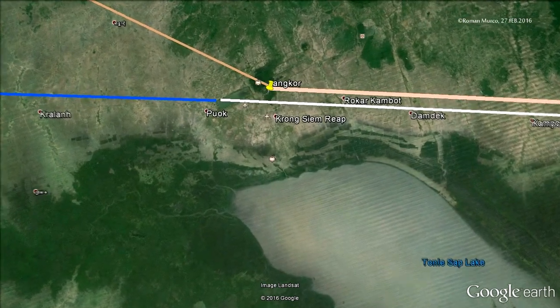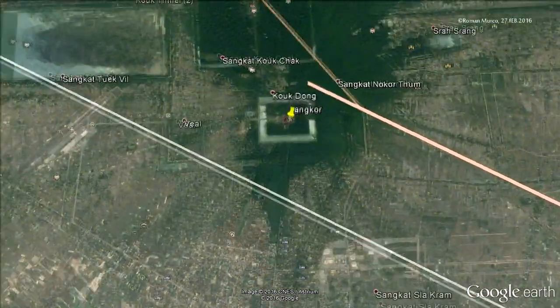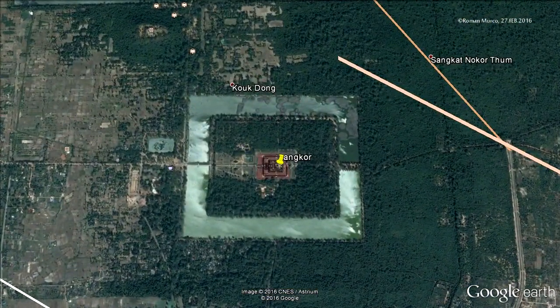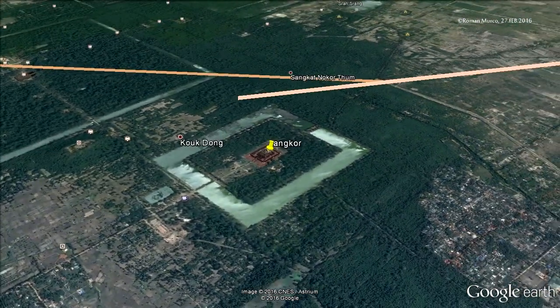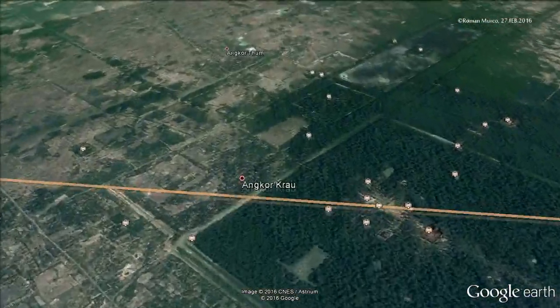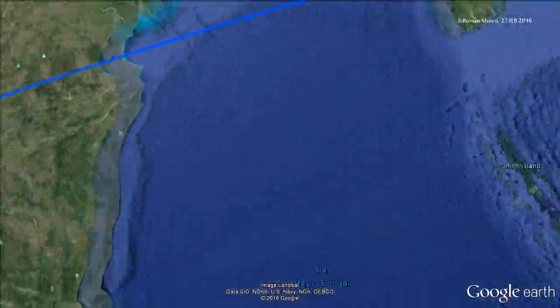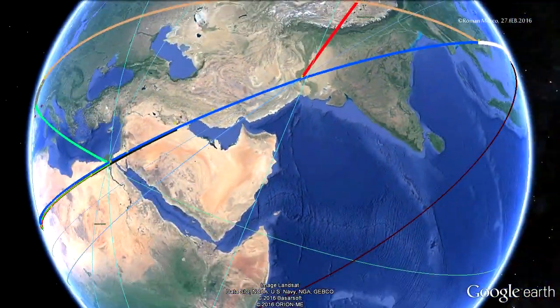So that means it's really dividing this orbit. Yeah, to Angkor Wat it's 10,000 kilometers exactly. So yeah, it's exactly in the middle.